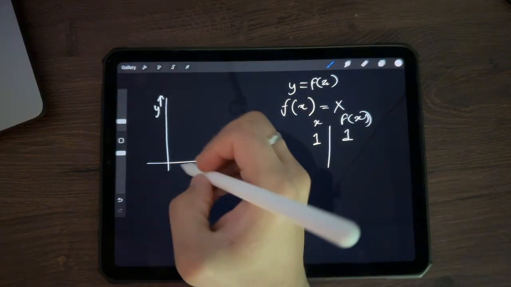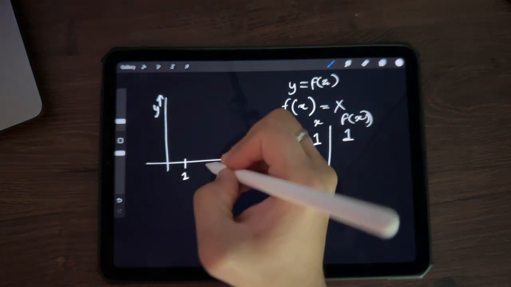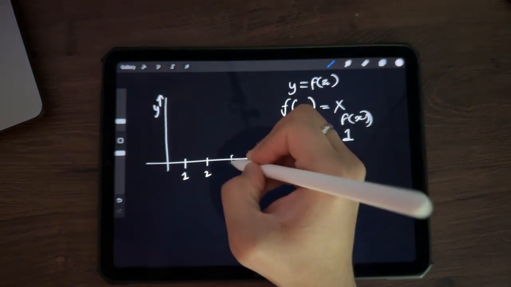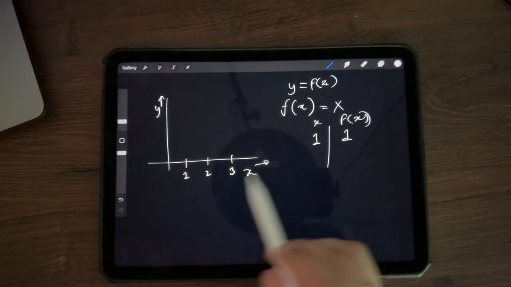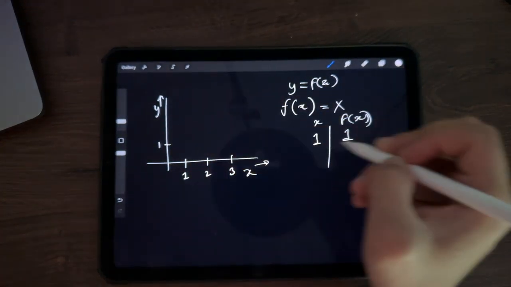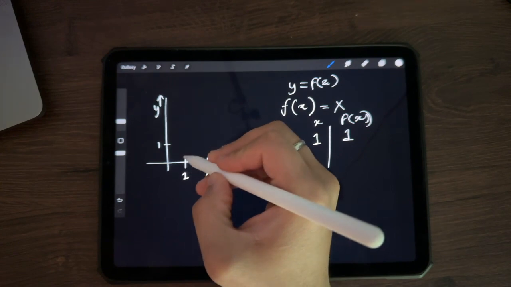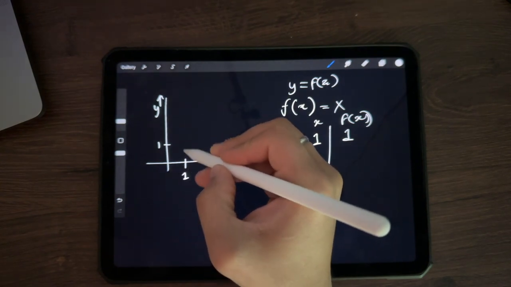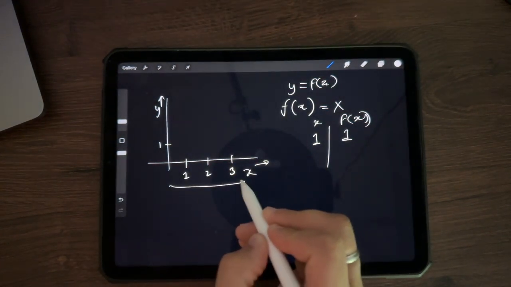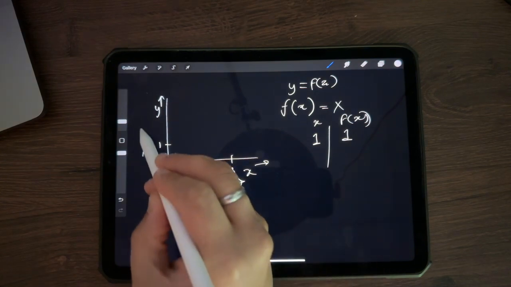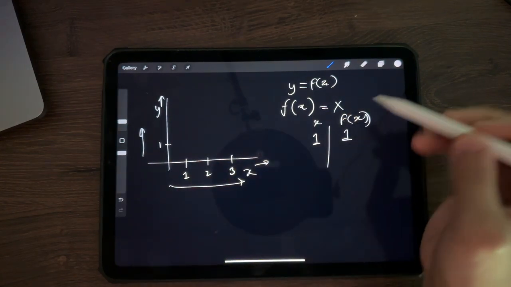So in this function, let's denote this is number 1, this is number 2, and this is number 3. For every single time we're having an x, like 1, we need to go to 1 on the y-axis along with the x-axis. So as long as we're traveling along this way, we're going to mark things that are the result of our function.